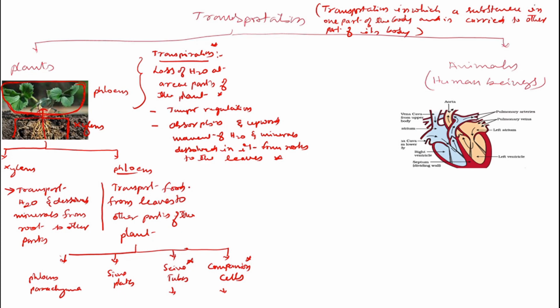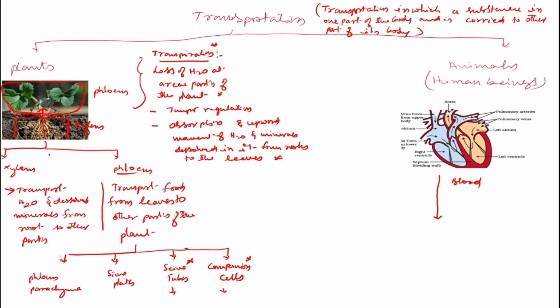Now we will see how transportation takes place in human beings. Here some points we have to discuss. They are very important. For transportation of food, here also a medium is required, that is blood.